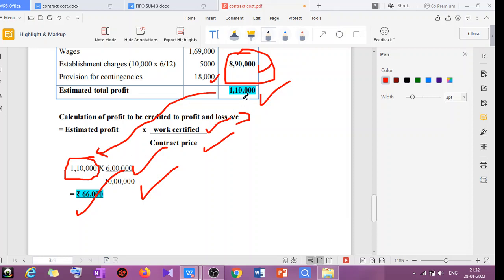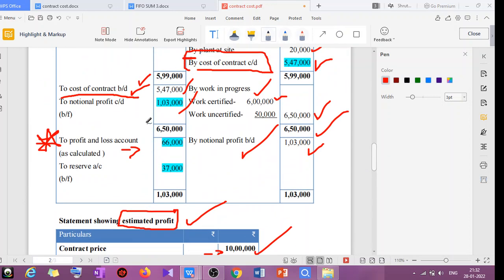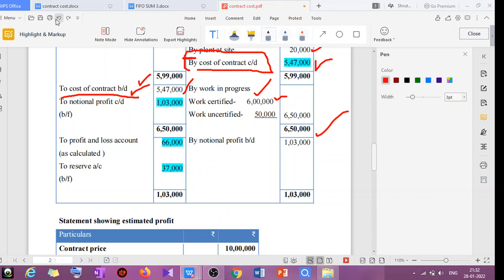I hope it is clear to you. Estimated profit you already calculated, 1,10,000. Work certified is 6 lakh and contract price is 10 lakh. So you got 66,000. Okay, so that will be written in the profit and loss account. Earlier, when calculating the notional profit, this will be divided into two parts, that is profit and loss account and the reserve.